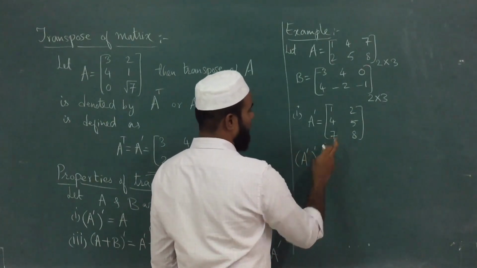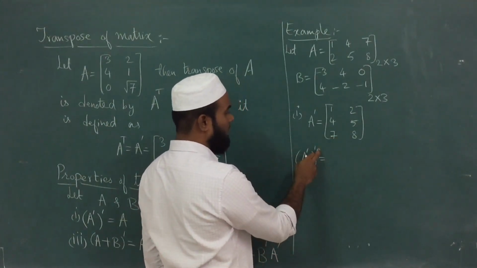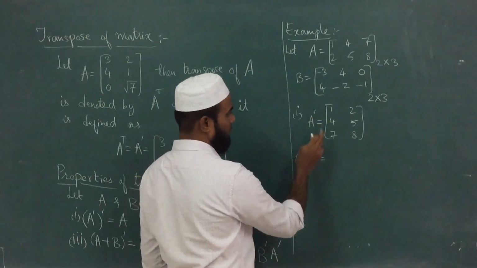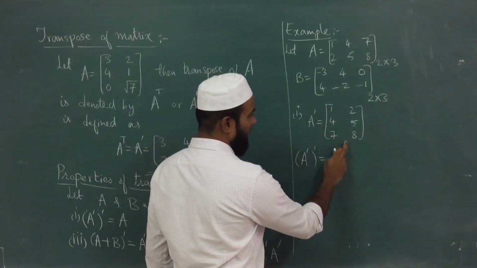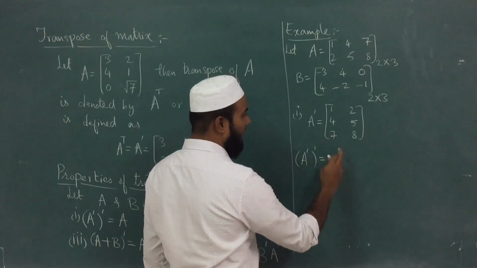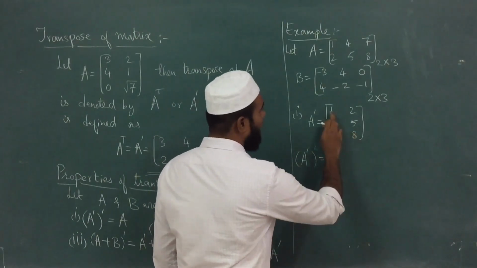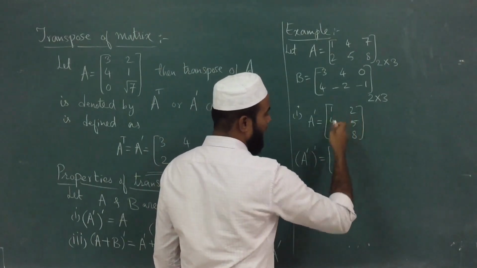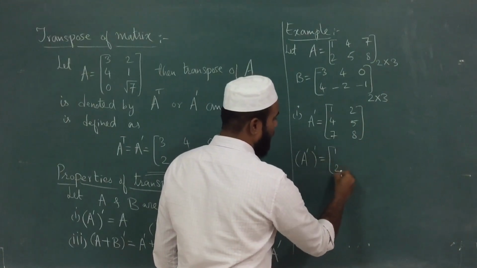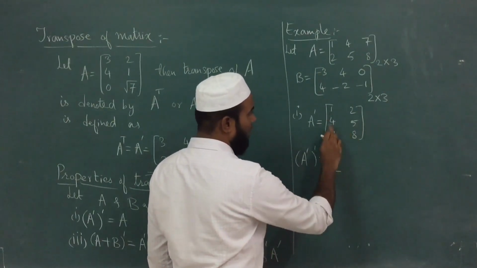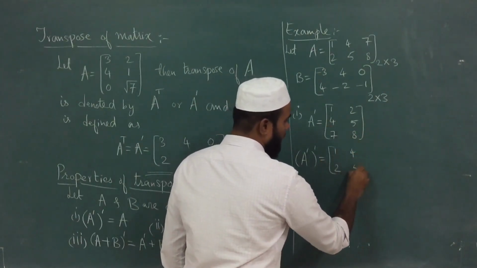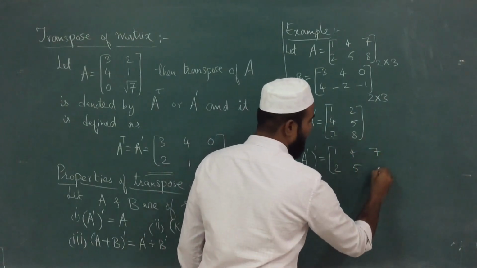A transpose whole transpose means we have to find the transpose of A transpose. So A transpose is this matrix. Then we find the transpose of this matrix. Again these rows will be converted into columns, that is 1 2, first row will be converted into column, second row 4 5, then third row 7 8.